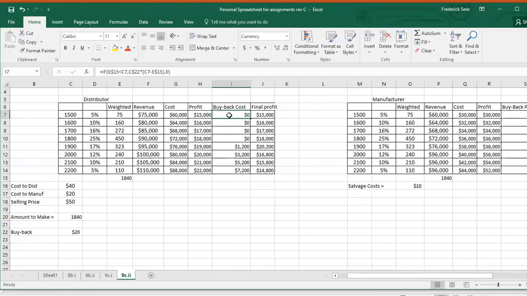So in this case, the distributor, for any goods over 1800, I'm just going to go, okay, this is correct here. So I'm just going to use these values here.